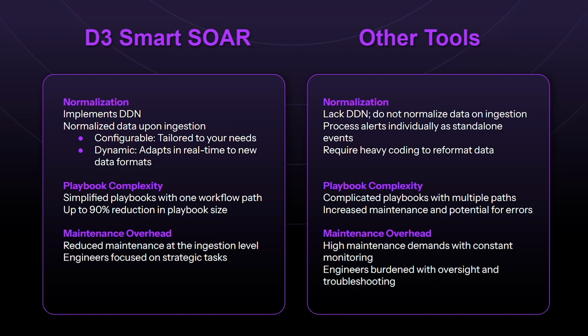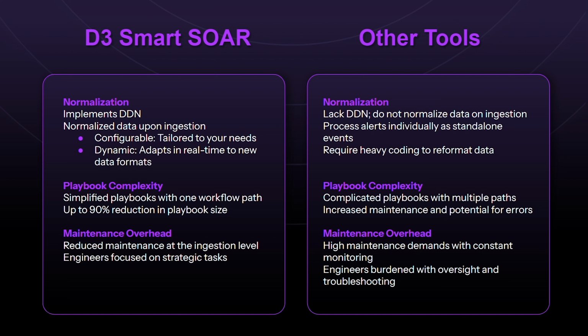The second difference in usability is in playbook complexity. Now, within D3 Smart SOAR, you have simplified playbooks with one workflow path. You can see up to a 90% reduction in your playbook size when migrating from another SOAR tool. On other SOAR tools, you have complicated playbooks with multiple paths and increased maintenance and potential for errors when you start ingesting new data. And the final difference is your maintenance overhead.